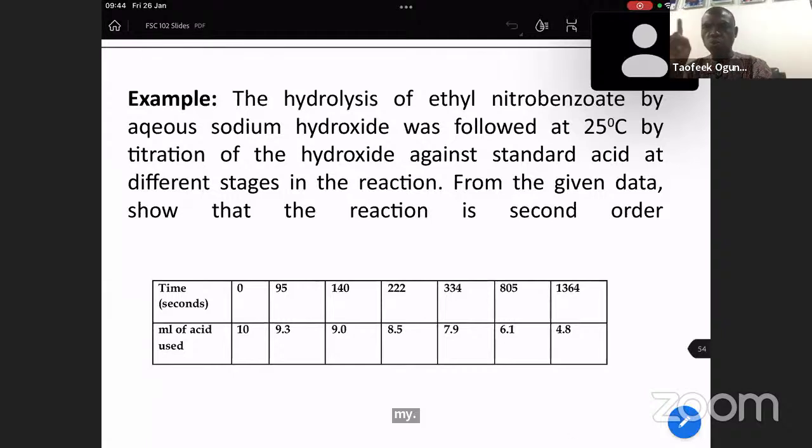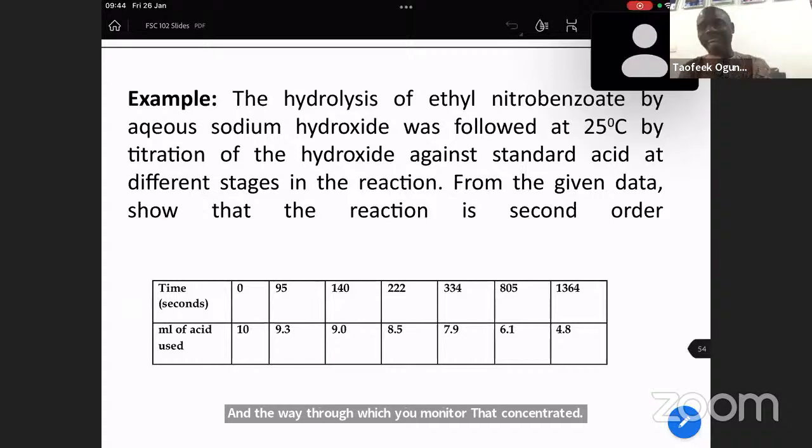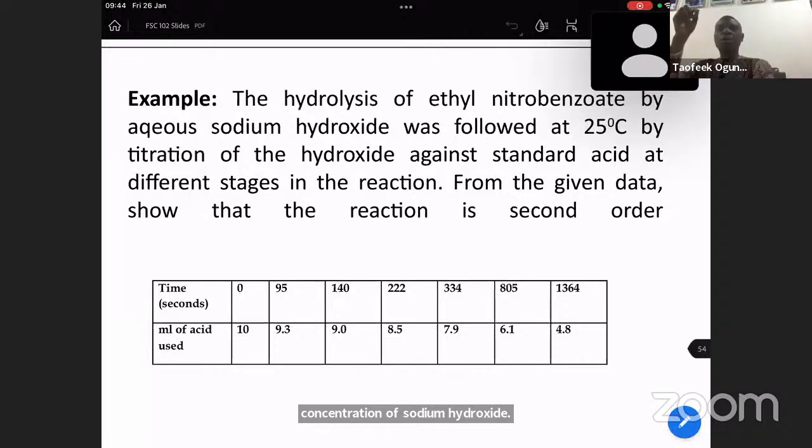And the way through which you monitor that reaction, remember we said you can monitor either the reactant or the product. In this case, they monitor sodium hydroxide. They monitor the change in the concentration of sodium hydroxide. And how did they monitor that change? Remember, the concentration of sodium hydroxide will decrease as the reaction progresses.